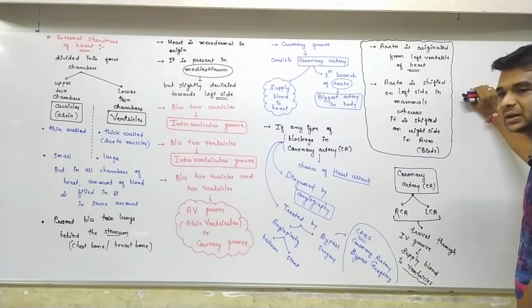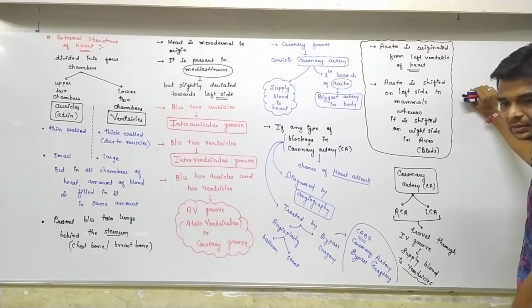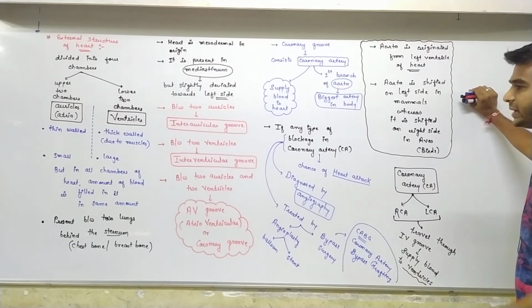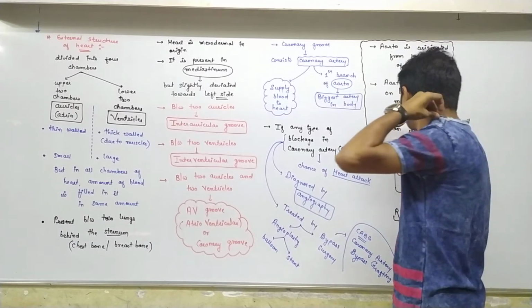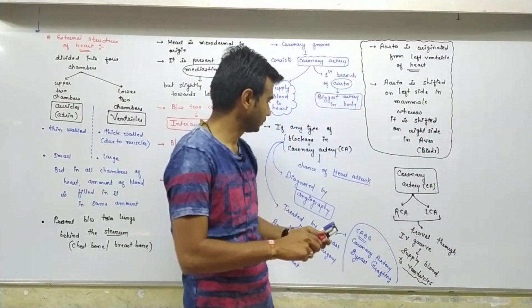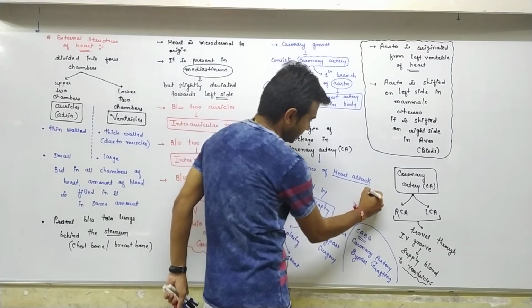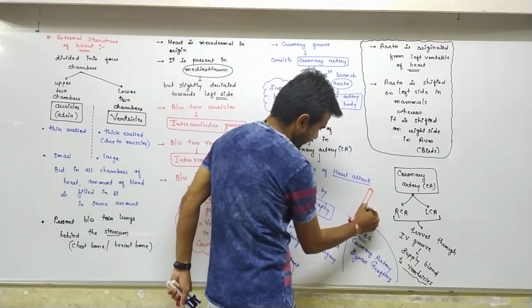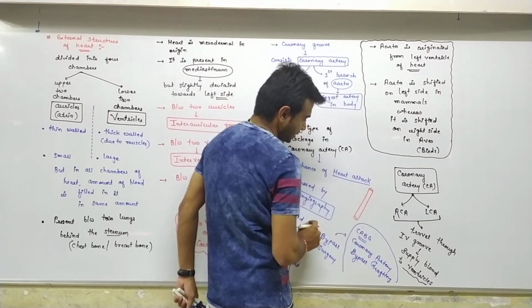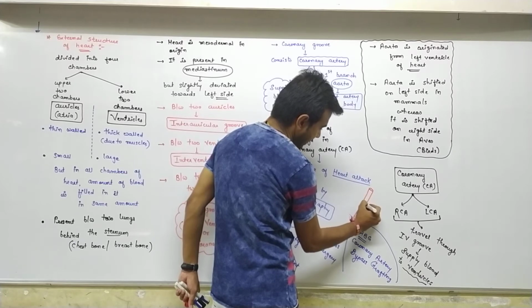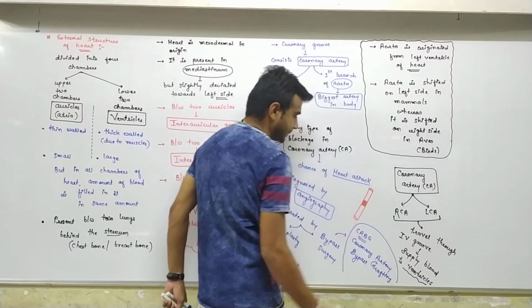But if a much larger block is there, it is treated by bypass surgery. In bypass surgery, what can they do? See here, I can draw a small diagram now. Suppose this is the artery, and in the artery a blockage is there, right?